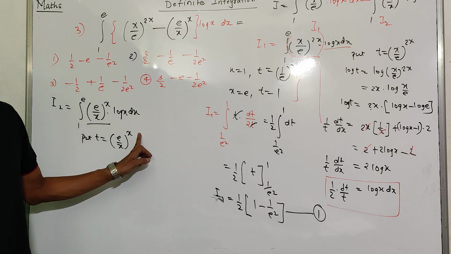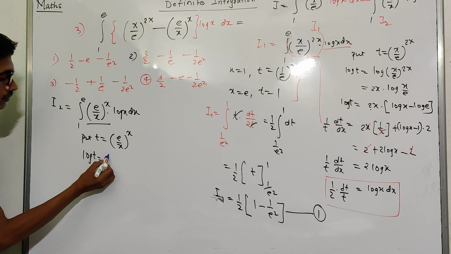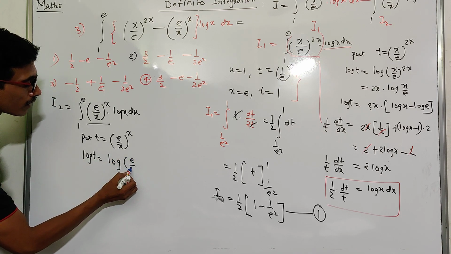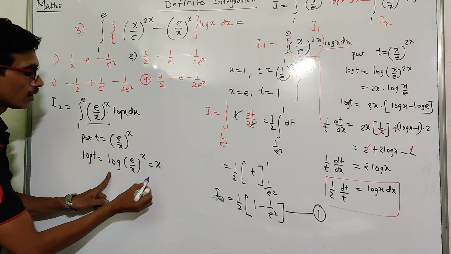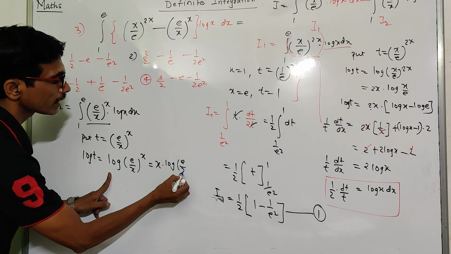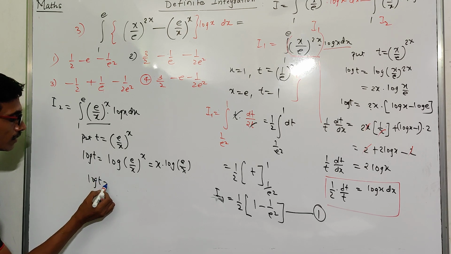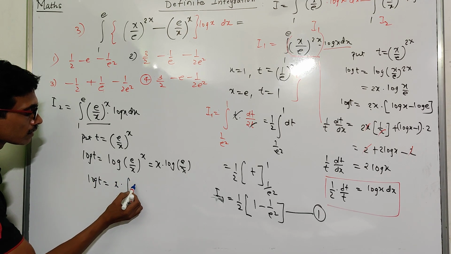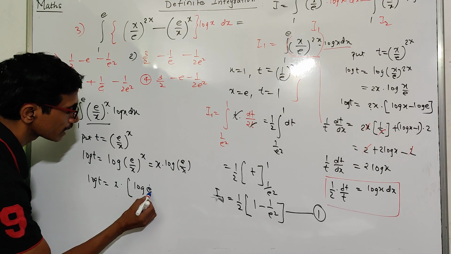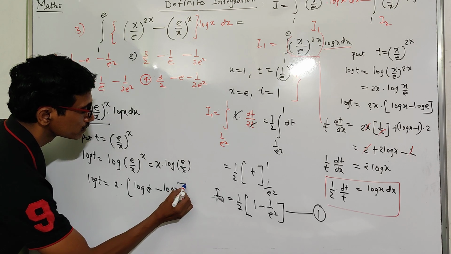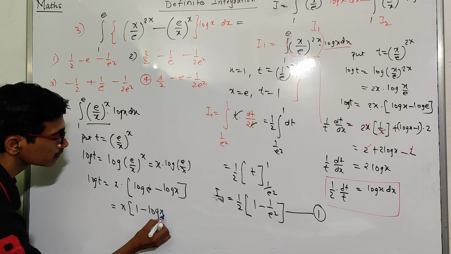Again function raised to power function, so logarithmic differentiation: we take log of t is equal to log of (e upon x) raised to power x, which is x into log of e by x, which is log e minus log x. So log t will be equal to x into (log e, which is 1, minus log x), which is x times (1 minus log x).